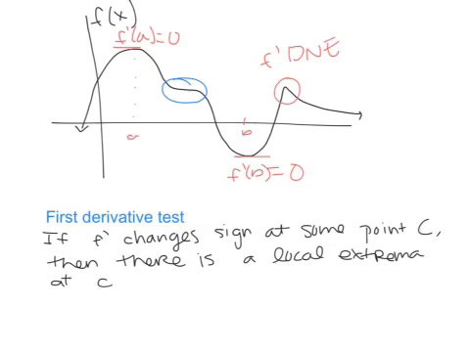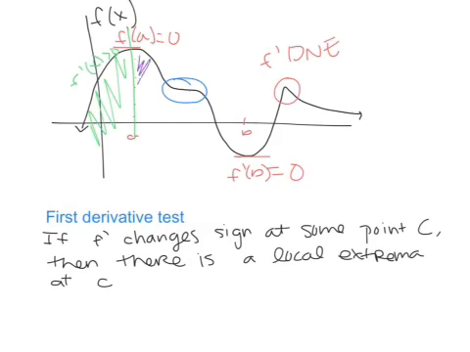If we look back at this graph I have up here, at that point A, for example, in this region, my derivative is positive. Our graph is increasing, therefore our derivative is positive.